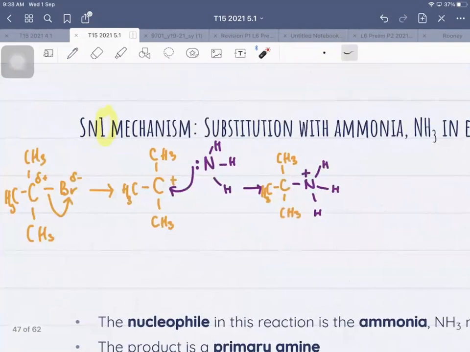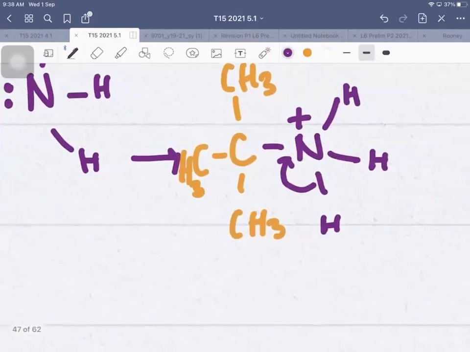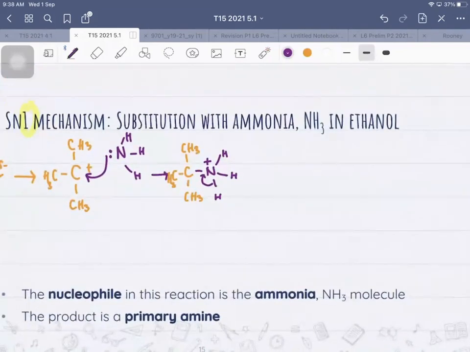Next step, how do we remove that positive charge? We can't just remove it simply, okay? One way is that the electrons from the nitrogen-hydrogen bond will be donated to the positive nitrogen, okay? So it becomes this.